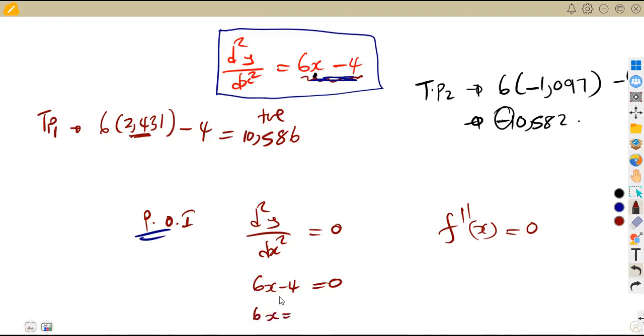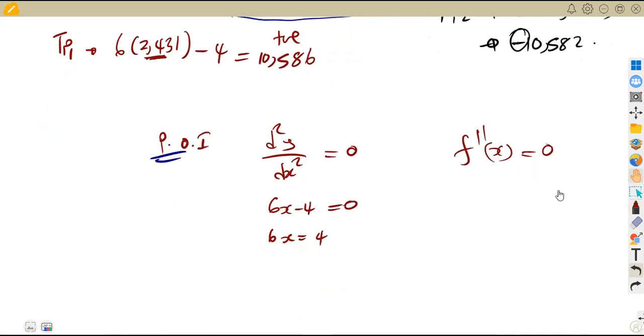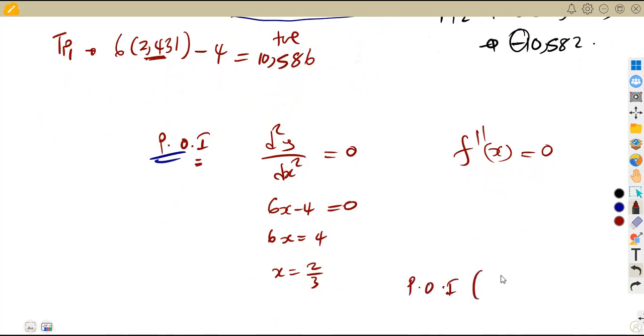So we have formulated an equation whereby you are supposed to solve for x. If you transpose negative 4 to the other side, it becomes a positive 4. Divide both sides by 6, so that will be 2 over 3. So x is 2 over 3. We have the value of x at the point of inflection. In order to get the y value, we substitute the x value, 2 over 3, into the original equation for y.